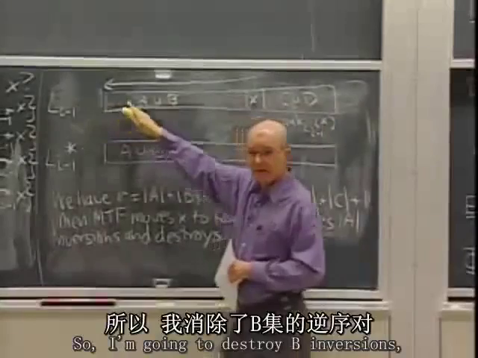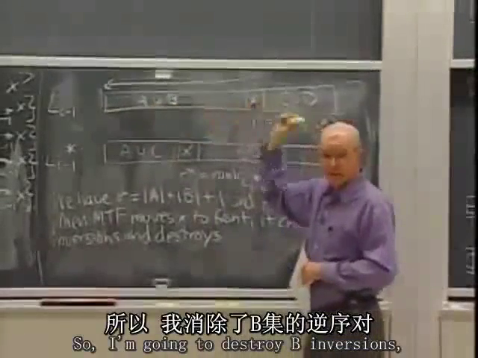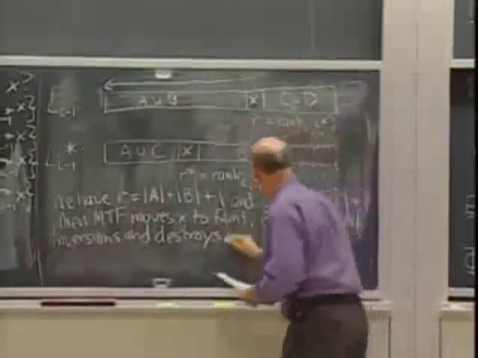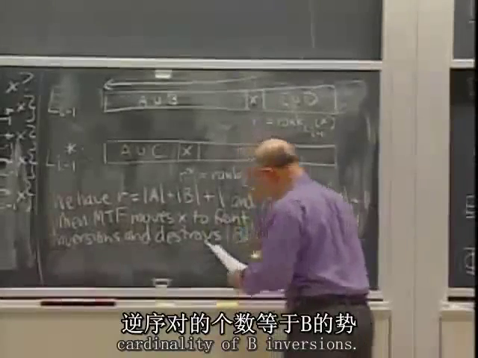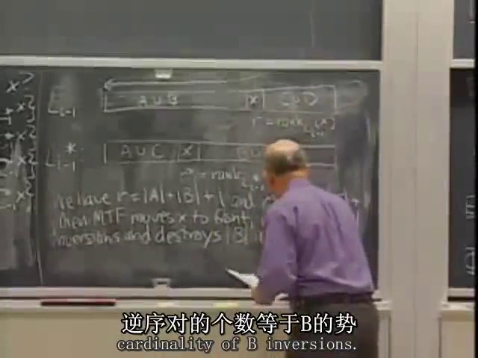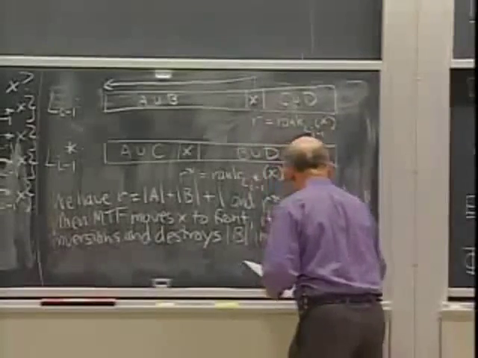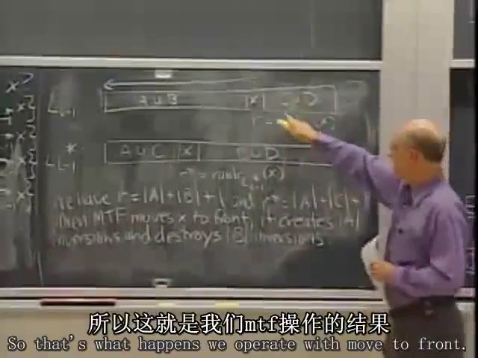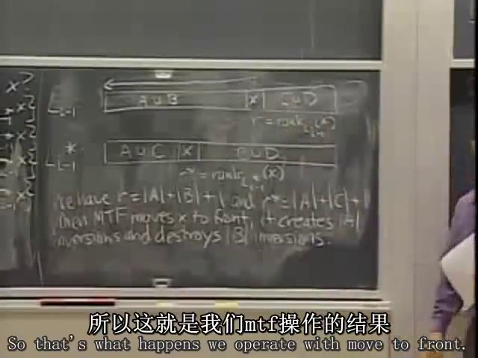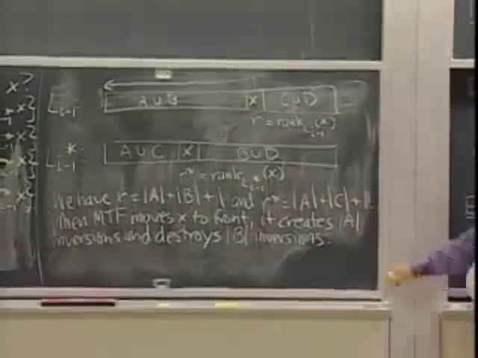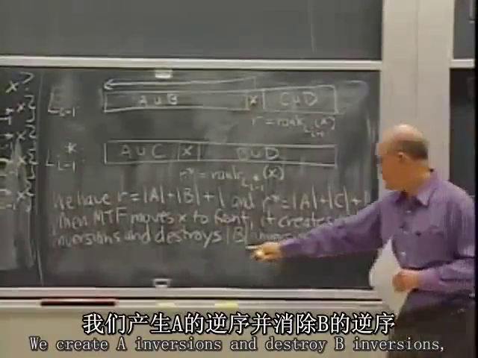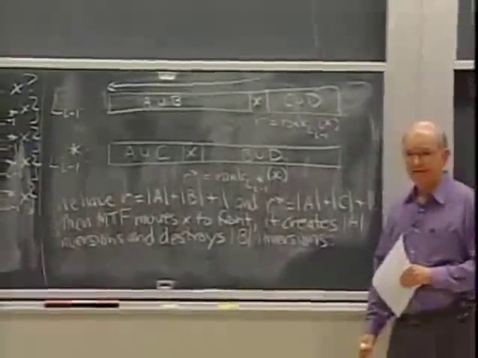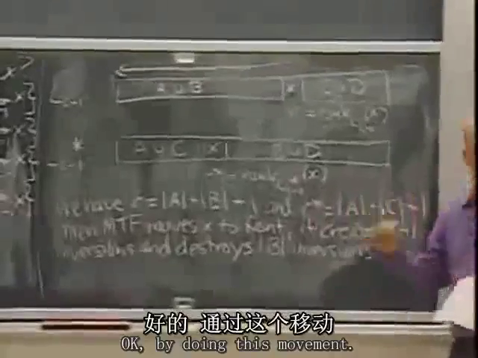So I'm going to destroy cardinality of B inversions. So that's what happens when we operate with move to front. We create A inversions and destroy B inversions by doing this movement.